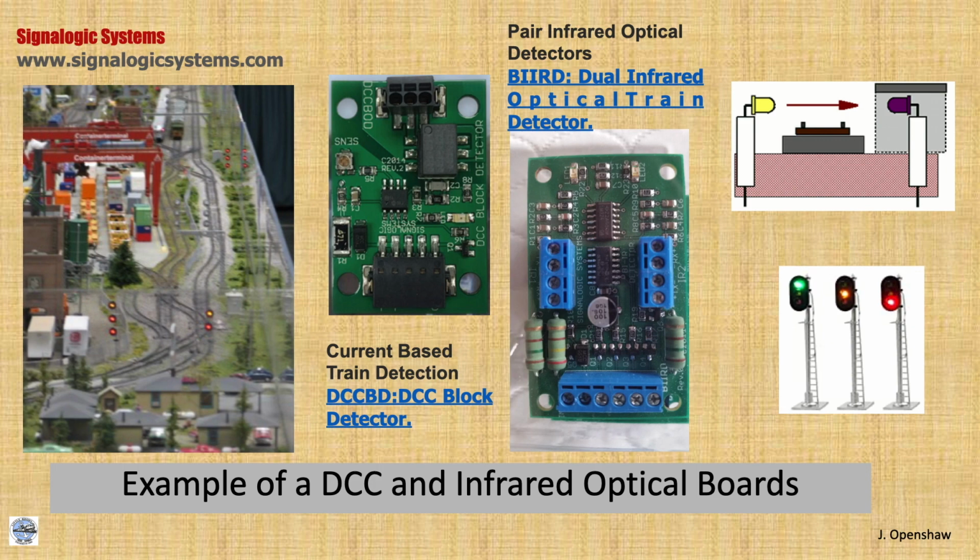So if you have a siding, it's going to take you 4 signals and 4 boards. So the 4 signals at $20 a piece is 80. 4 boards at $40 a piece is 160. So for every siding you do, it's about 240.